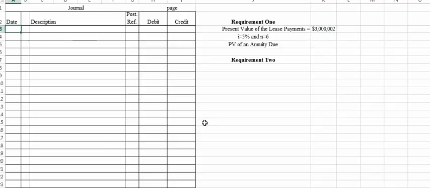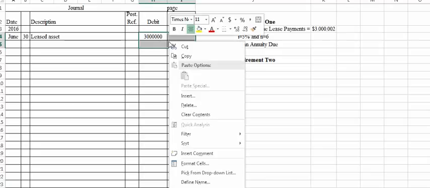So I'm going to make the entries. I think that's going to help us to determine these balances that they're asking for that are going to show up on the income statement and balance sheet. June 30th, we'll debit leased asset for $3 million, or $3 million and two, whichever you prefer. I'm just going to go with the $3 million.